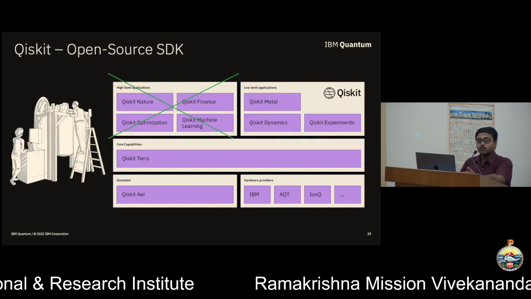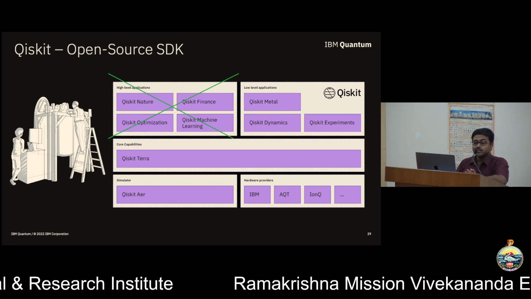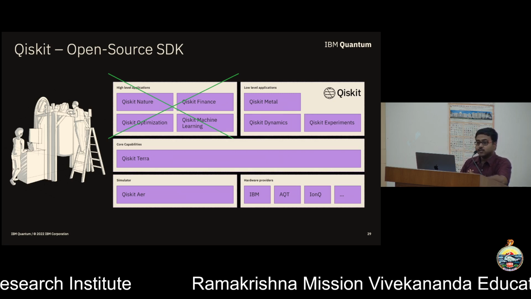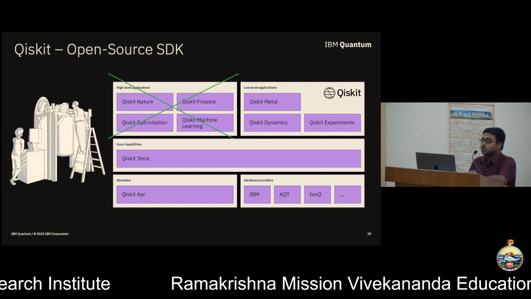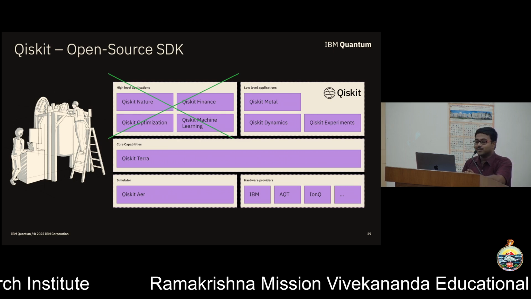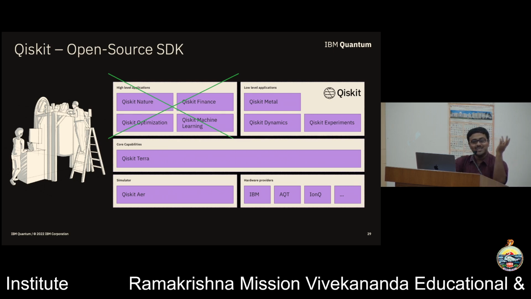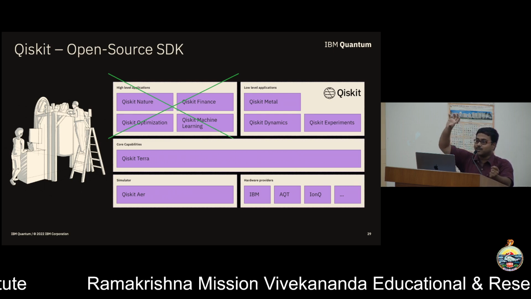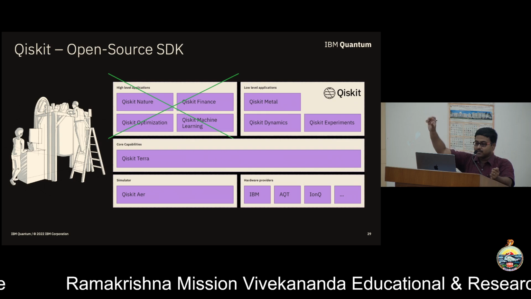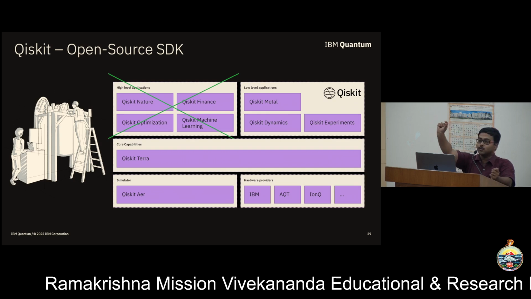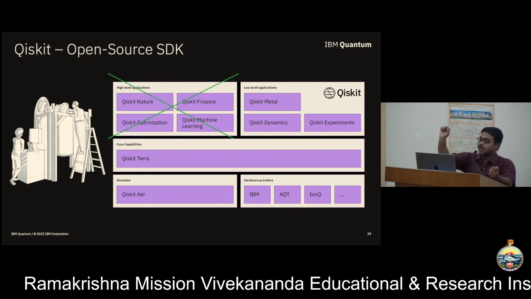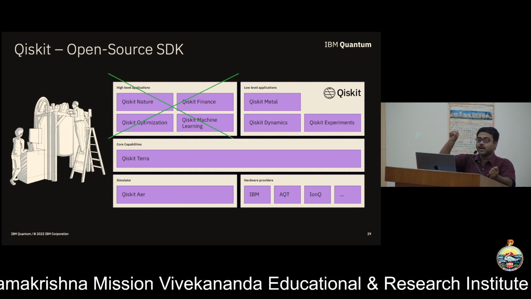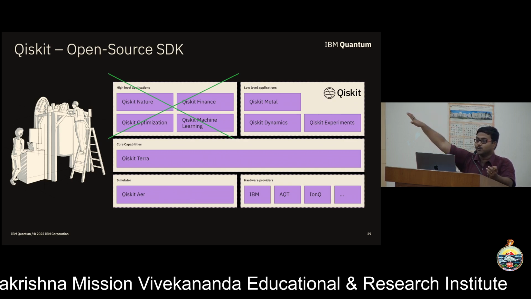We have our software development kit. I have been using this term again and again. It is called either Qiskit or Quiskit. Nobody knows what the correct pronunciation is. Some days back, one of the people in charge said they created the website in such a way that if you go to this term and ask for it to be spoken, it will randomly tell you one pronunciation or the other.